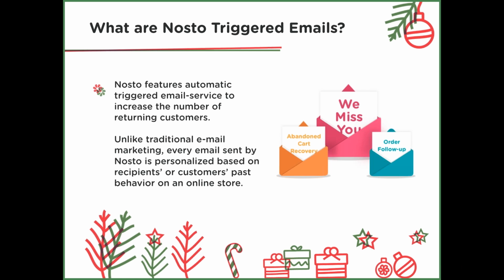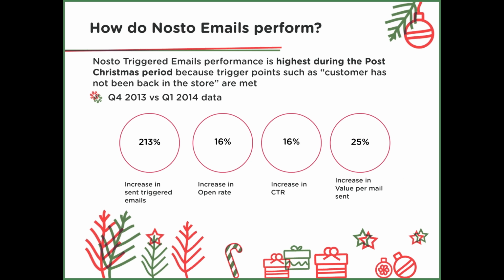And we see a really decent performance, but we wanted to look at the performance last year, how the post-Christmas period actually performs in terms of our emails. So we pulled out some stats for last Christmas period. Most of the KPIs are actually positive.